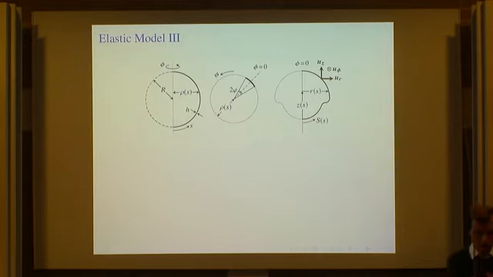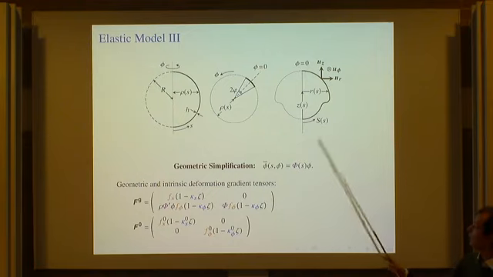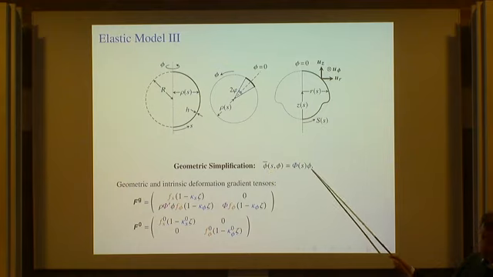And if you have them, you can now play with the azimuthal angle; the deformed azimuthal angle need no longer be equal to the undeformed one. Here I'm going to make a geometric simplification, which you can think of as writing that the deformed azimuthal angle just depends linearly on the original azimuthal angle with some scaling factor capital phi, which you can think of as taking the first term of a Taylor expansion of this azimuthal angle.